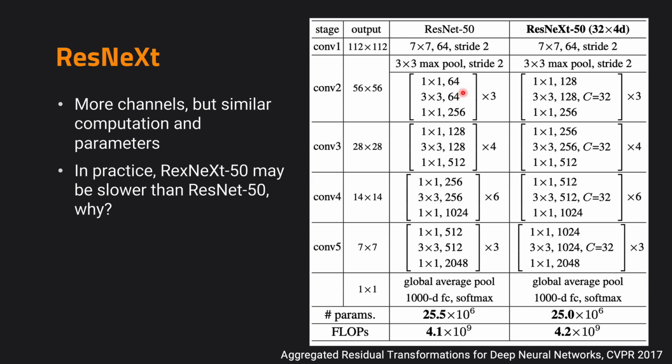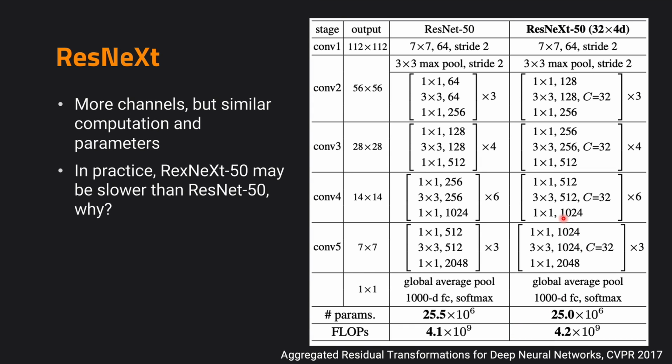For example here, when we are using ResNet 50 and split the channels into multiple parts, originally we have 128 channels, and then in ResNeXt we can run 256 channels with 32 groups. And because each group convolution has fewer parameters, the overall parameters can be similar to the original network, even though we have more channels at each level, and it has the same parameters and also similar computation FLOPs.